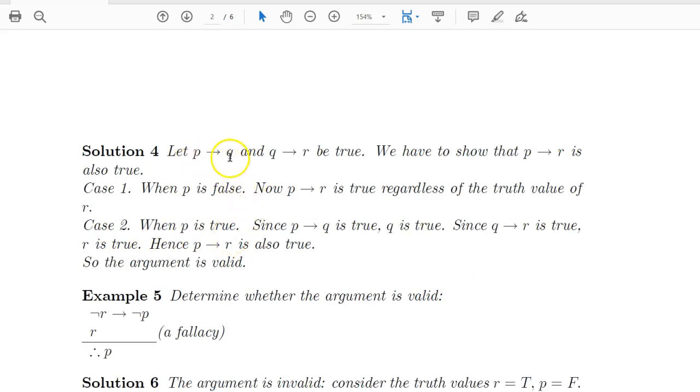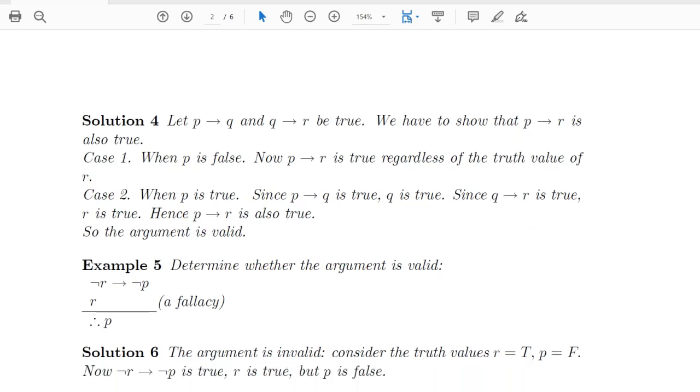Since if P then Q is true, Q must be true, and since if Q then R is true, R must be true, which means that if P then R is also true. So if we prove that in both cases the conclusion is true, this makes the argument valid.